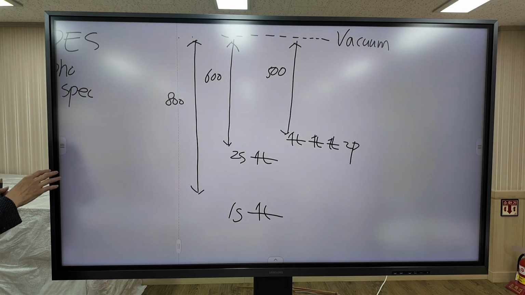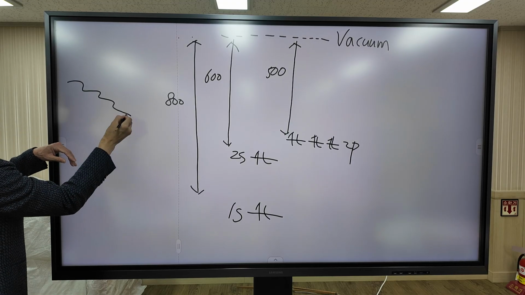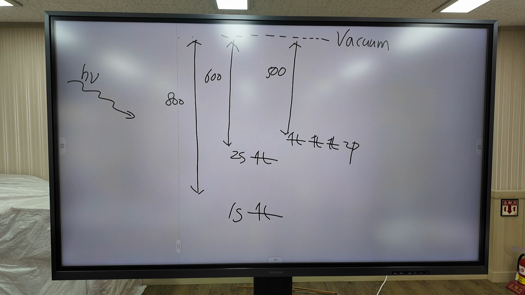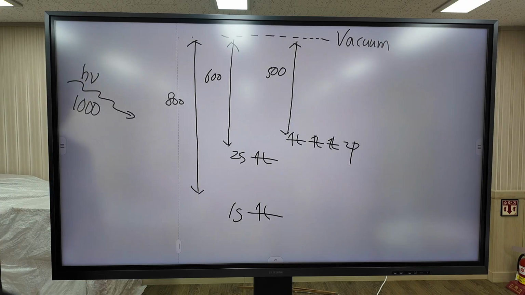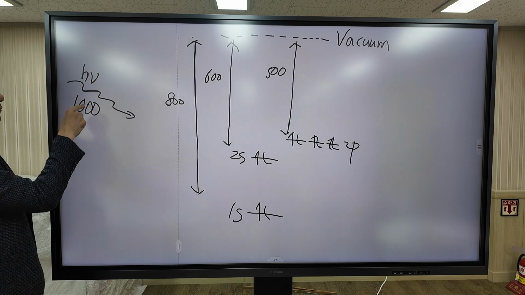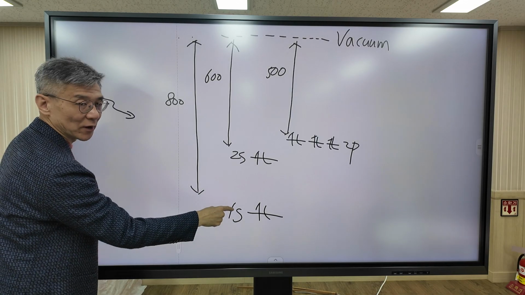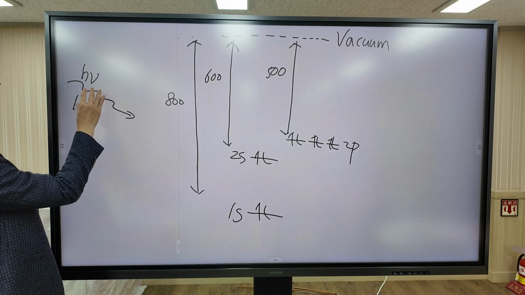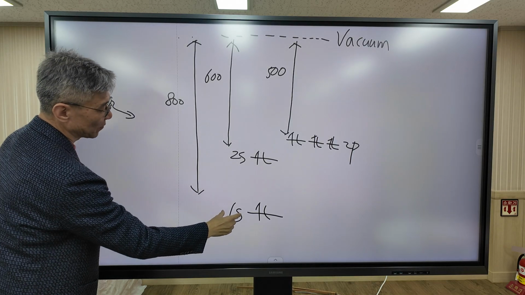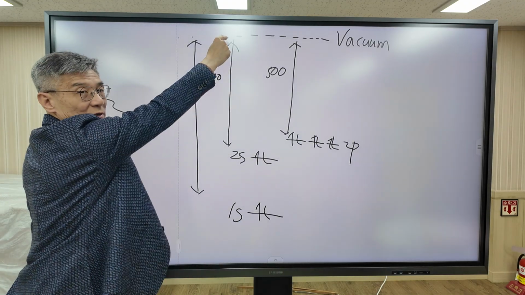To perform photoelectron spectroscopy, we are going to irradiate light. Let us assume that the energy of the light is 1000 units. This is an example. So I irradiate light with an energy of 1000, and the light hits the 1s electron in the 1s orbital. The electron uses 800 units of energy to reach the vacuum state.